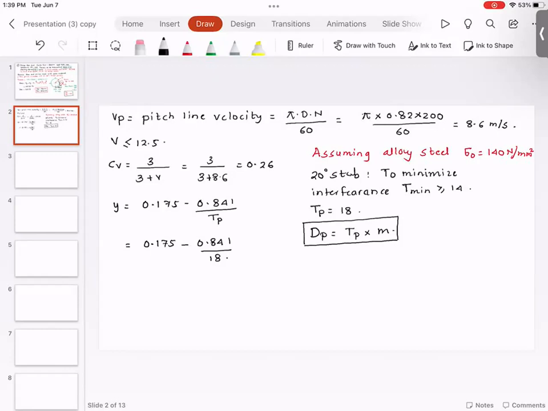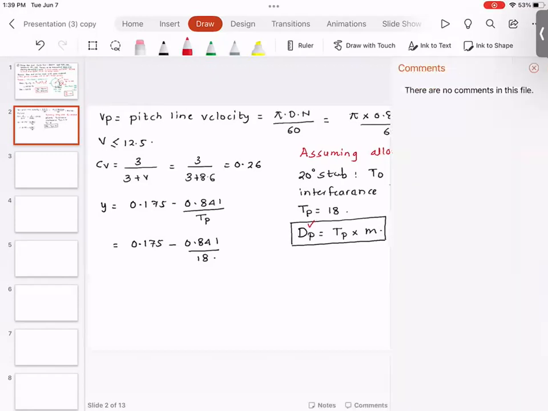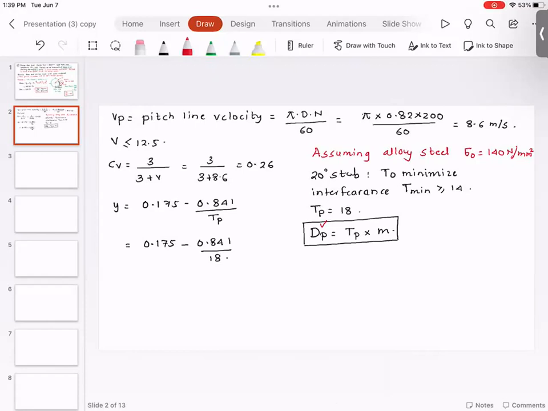In this particular problem, the twist is that the center distance is specified, so the diameter of the pinion is already known. The number of teeth on pinion is what we selected. Since we know the diameter and the number of teeth, from this equation we can easily find out the module.